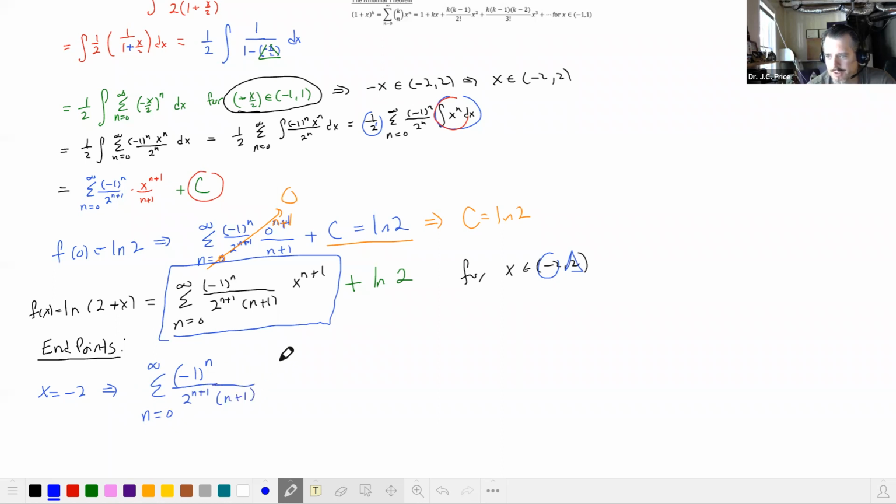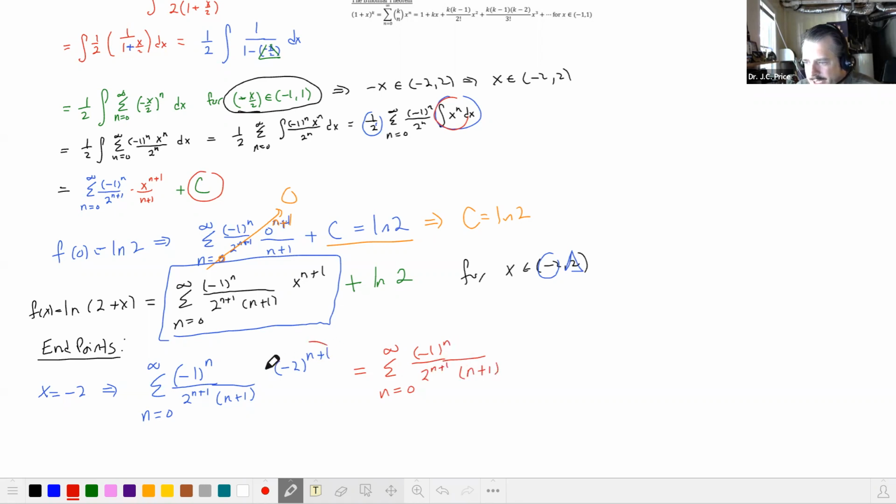And I'm plugging in -2, so I have -2 to the n plus 1. And now I'm going to work with this algebraically to see what happens. So sum n equals 0 to infinity, -1 to the n over 2 to the n plus 1 times n plus 1 all on the bottom.